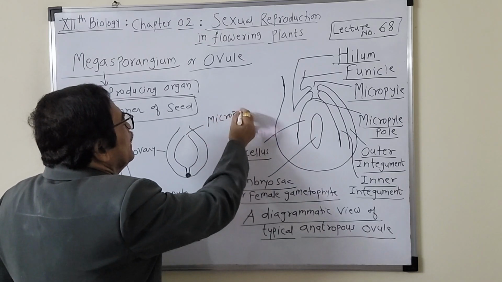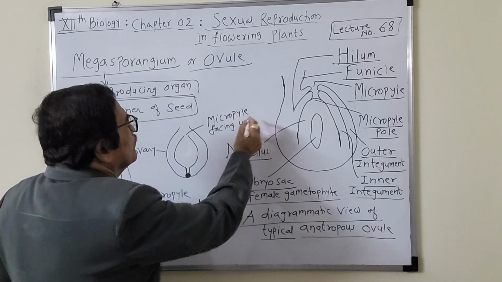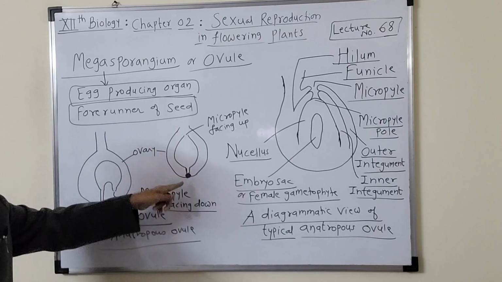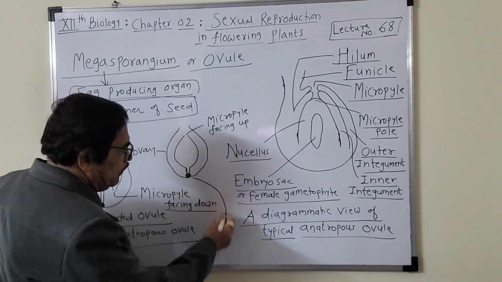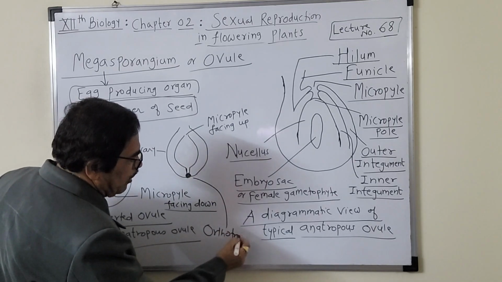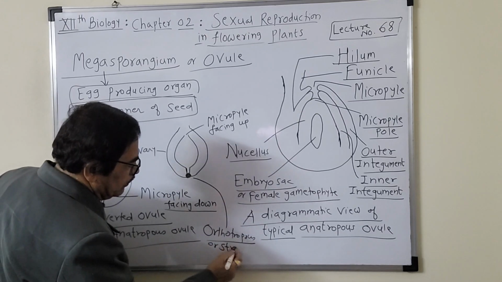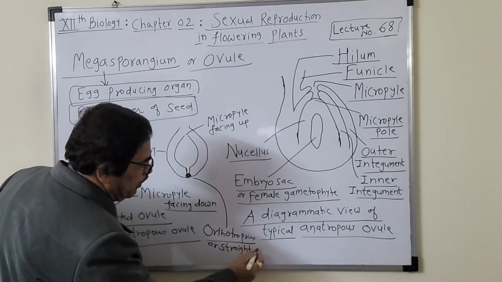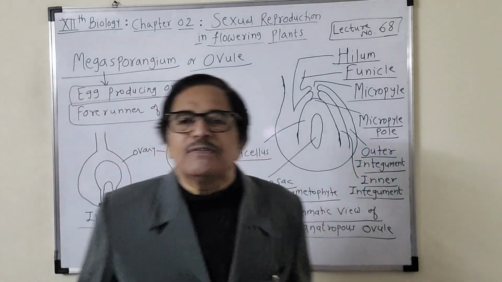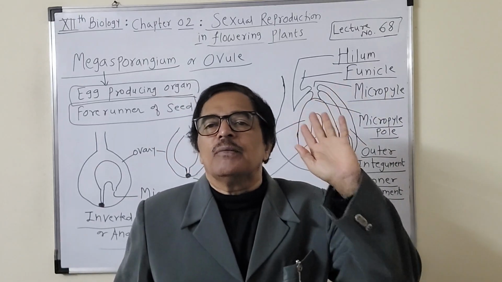If the micropyle is facing up and the funicle, that is the stalk of the ovule, and the micropyle are in a straight line, then this type of ovule is known as orthotropous. Ortho means straight, so orthotropous or straight ovule. ये rarely होता है. That is found in a plant called Polygonum, but anatropous ovule is very common.